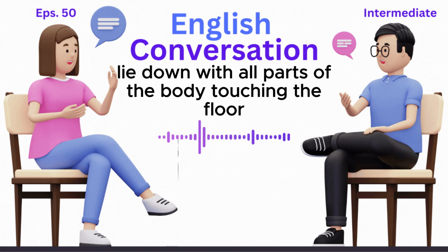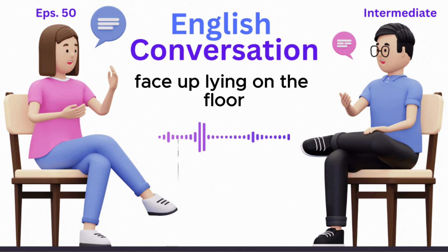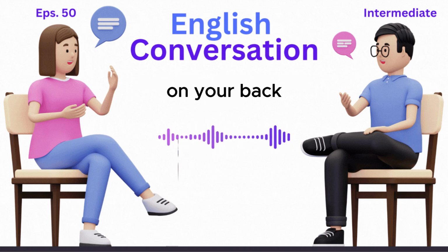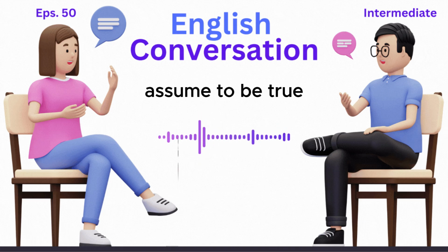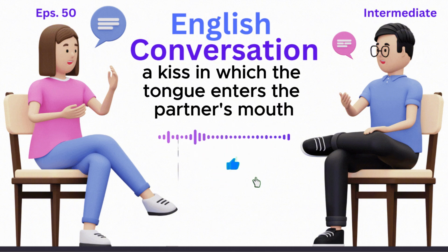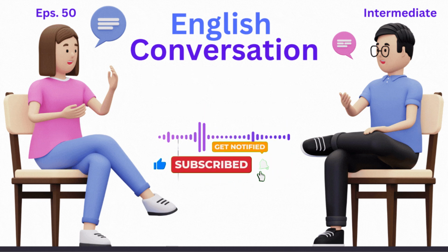Lie down with all parts of the body touching the floor. Lay flat. Face up, lying on the floor. On your back. Assume to be true. Suppose. A kiss in which the tongue enters the partner's mouth.